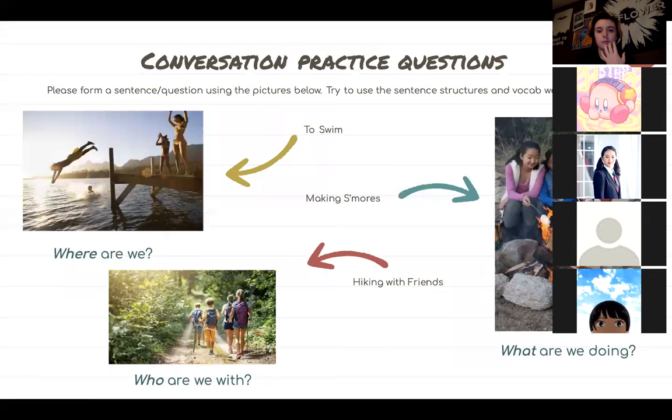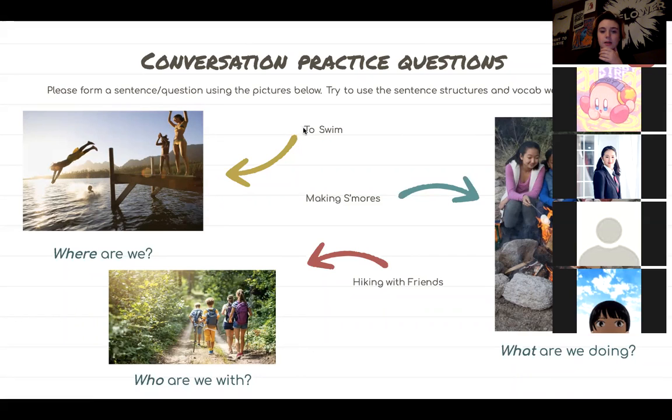Okay, and then this one, if you go back to this presentation later, you can look at this slide and develop your own kind of lesson. This relates back to the camping thing. You can utilize the vocabulary more, like where are they, or where are we, who are we with, what are we doing?